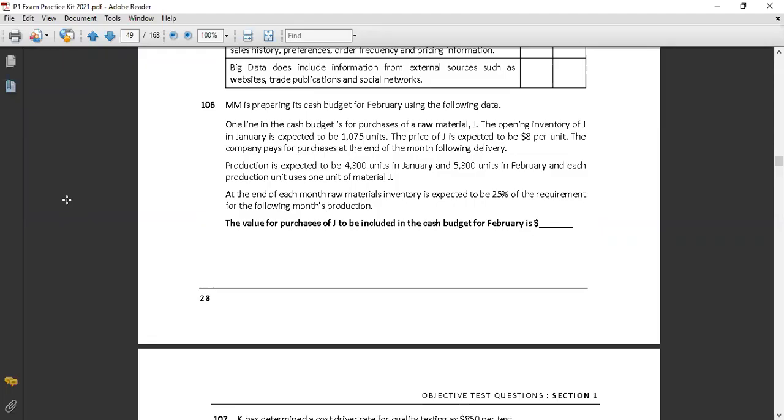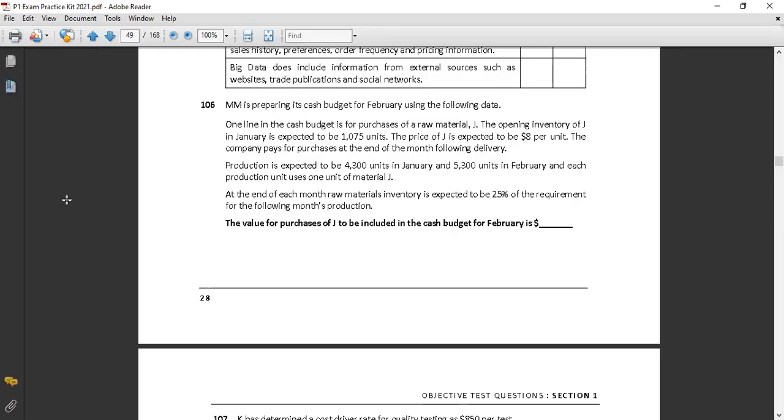The company pays for the purchases at the end of the month following delivery. Production is expected to be 4,300 units in January and 5,300 units in February, and each production unit uses 1 unit of material J. At the end of each month, raw material inventory is expected to be 25% of the requirement for the following month's production.